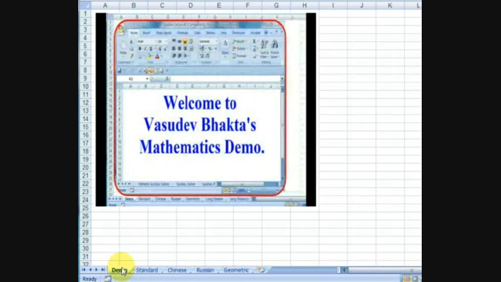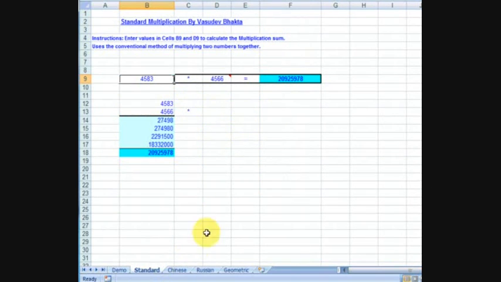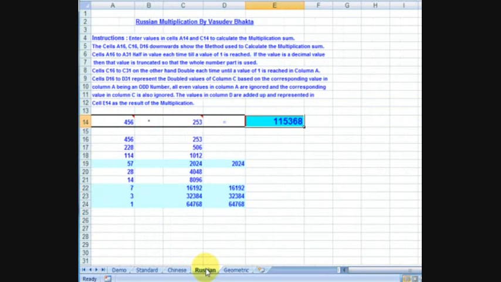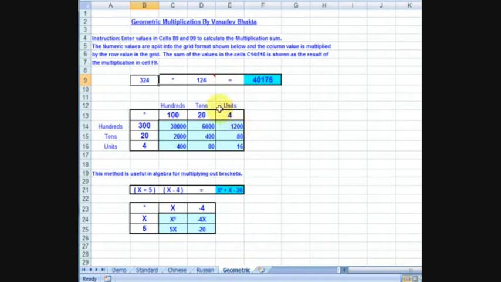These are the Demo tab, which includes this demo here; the Standard tab, a common approach to multiplying two numbers together; the Chinese tab, a method used in China to multiply two numbers together; the Russian tab, a method used in Russia to multiply two numbers together; and the Geometric tab, a method used to multiply larger numbers.